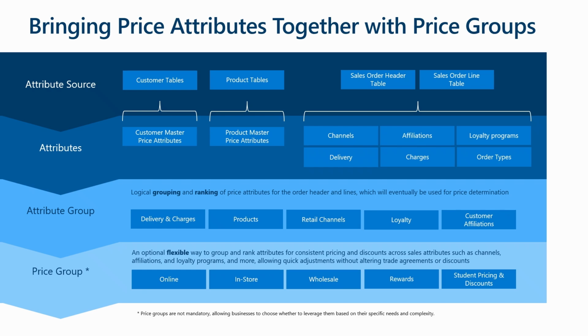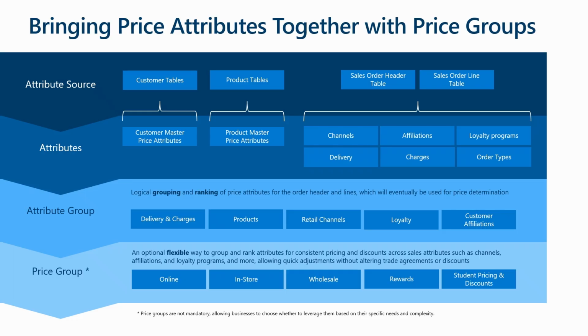Let's take a closer look at how all parts of unified pricing come together to provide a flexible, powerful solution. First, you start with attribute sources. These could be customer tables, product tables, or sales order tables. From these, you pull the attributes that matter for your pricing strategy.